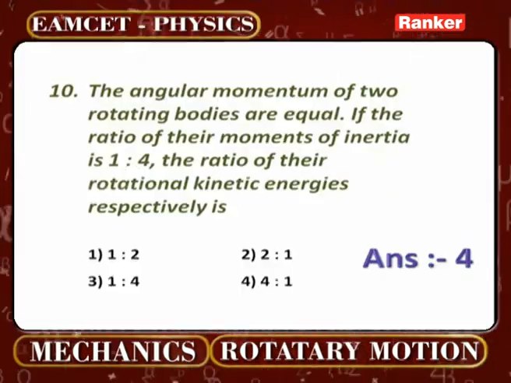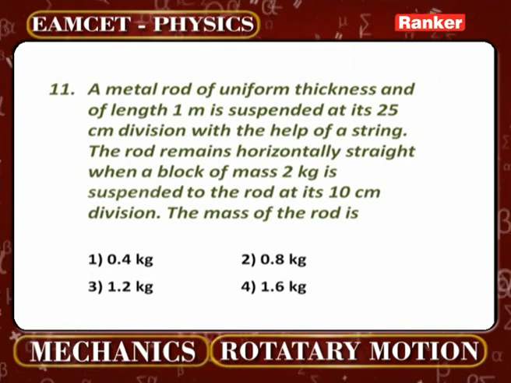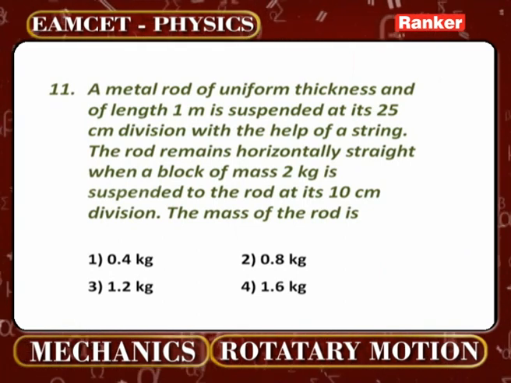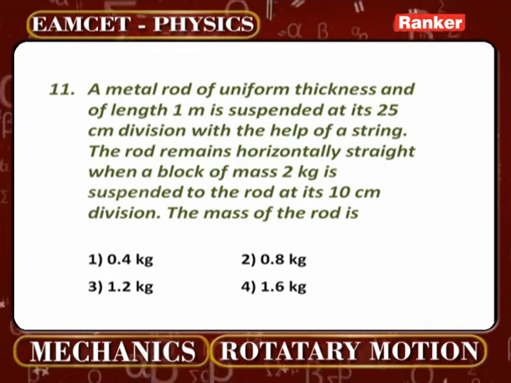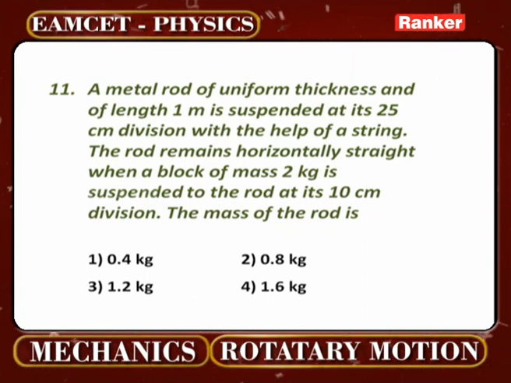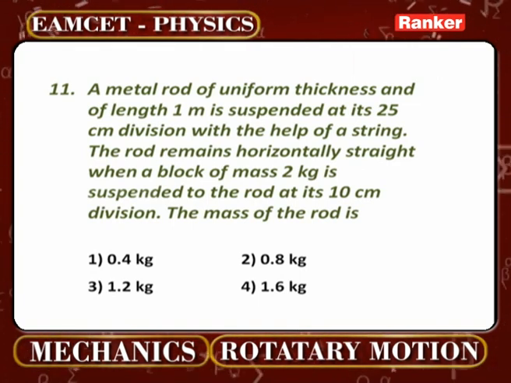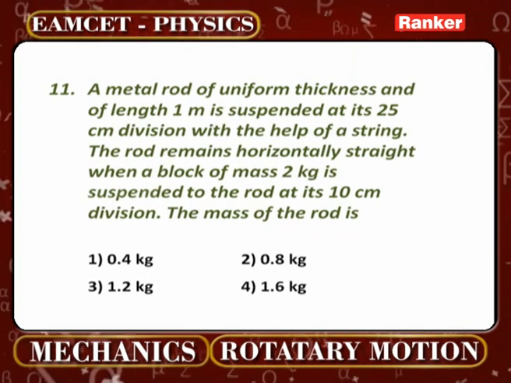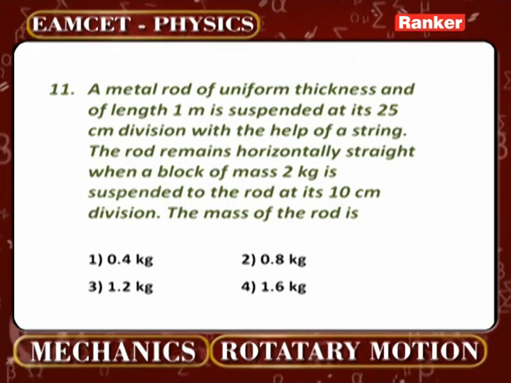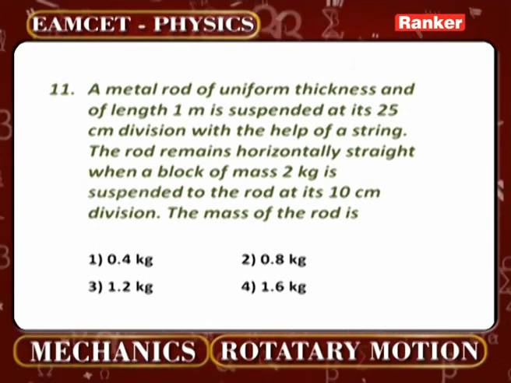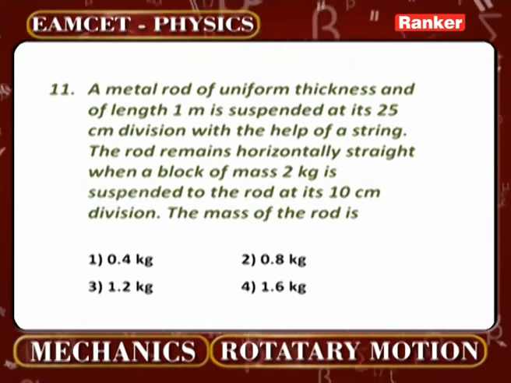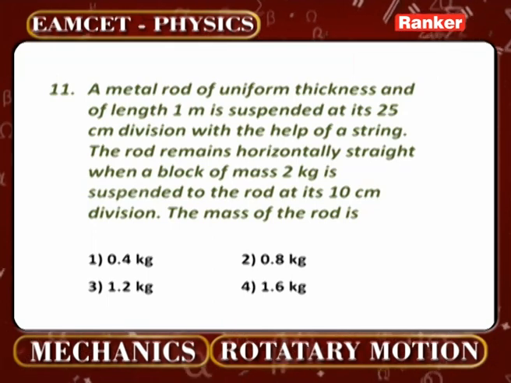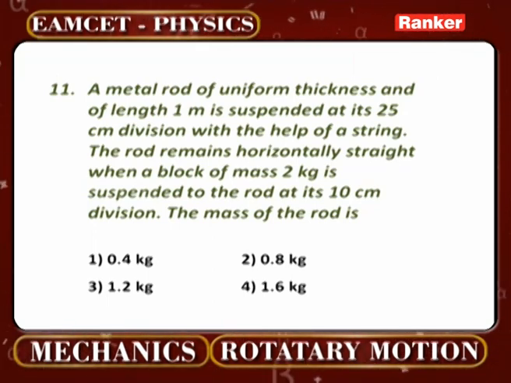Now let us check the next number please, problem number 11. A metal rod of uniform thickness and of length 1 meter is suspended at its 25 centimeter division with the help of a string. The rod remains horizontally straight when a block of mass 2 kg is suspended to the rod at its 10 centimeter division. The mass of the rod is how much? In fact, we all know in rotatory motion the conditions for equilibrium of a body.